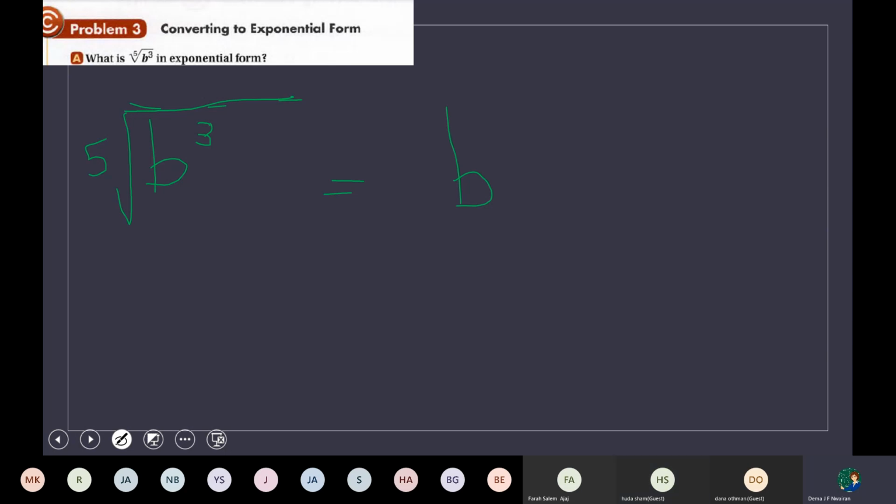Because of that, we call it an exponential form. What will the exponents be? The exponents will be what is outside, it is up, I keep it down. And what is down or inside, I keep it up.